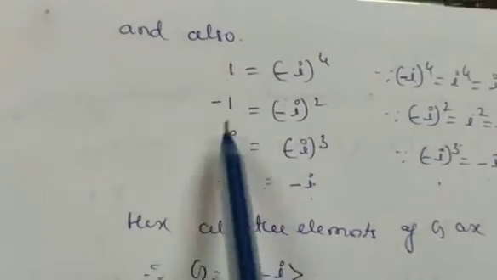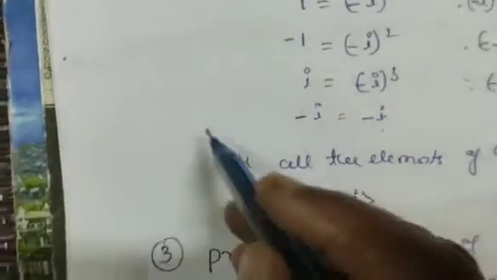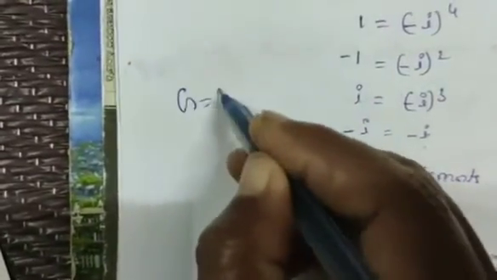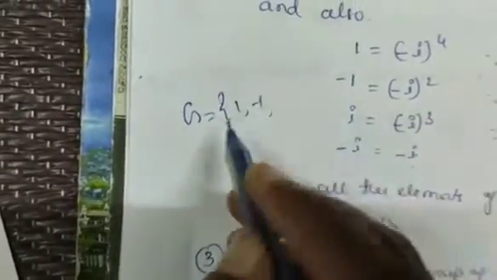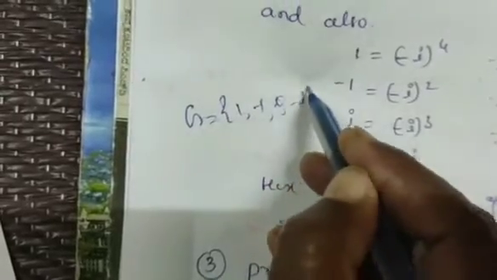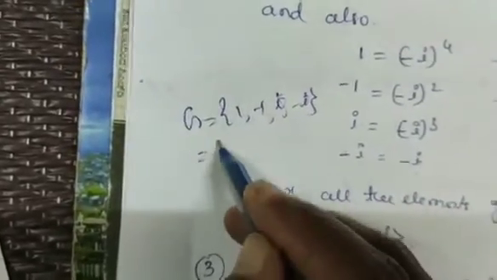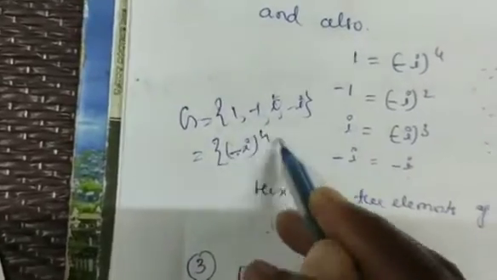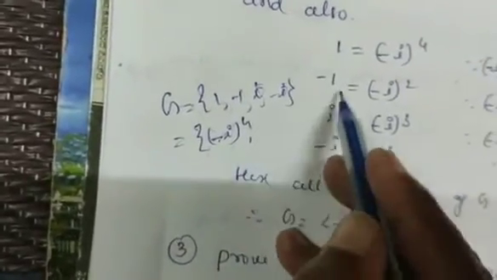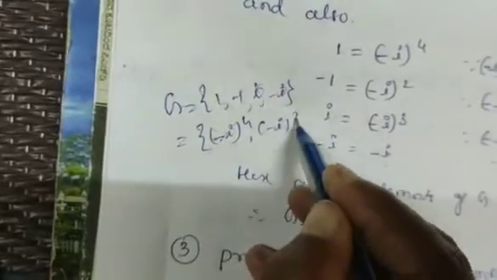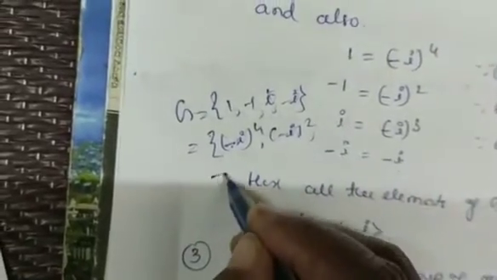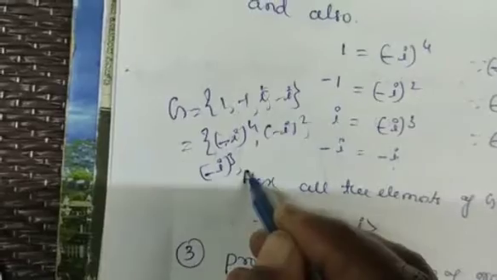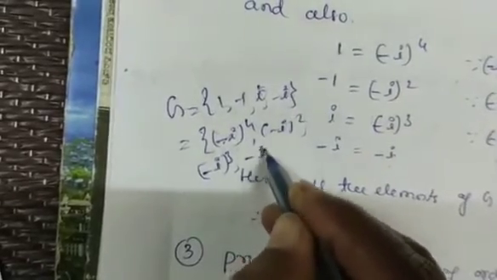So all these elements here. Now G, what do we have here? We have G is equal to {1, minus 1, i, minus i}. And these we have expressed as: 1 can be written as minus i raised to 4, and minus 1 is minus i whole square, and i is minus i whole cube, and minus i is minus i only.